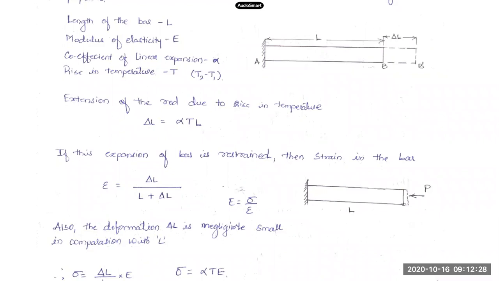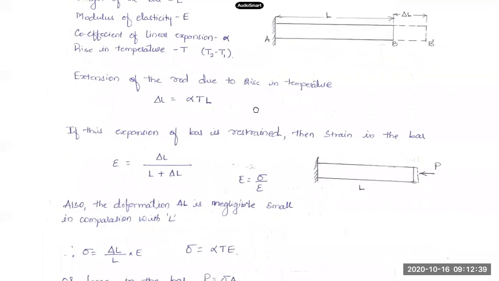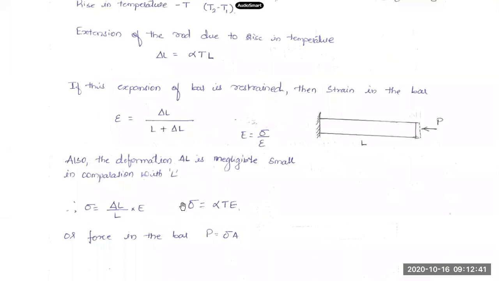Those gaps are meant for the concrete to expand freely, so that no stresses get developed in that material. So we try to avoid such thermal stresses by providing expansion joints or expansion gaps in the case of railway tracks and so on. But if you want to estimate the stress developed due to thermal expansion, this is our expression. This will happen only when that free expansion is restrained.